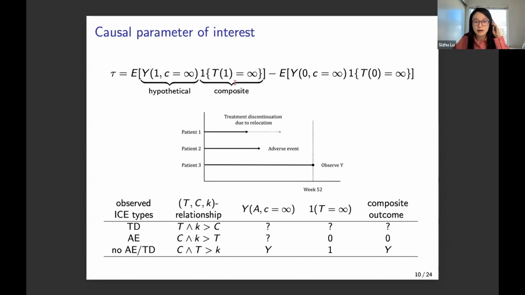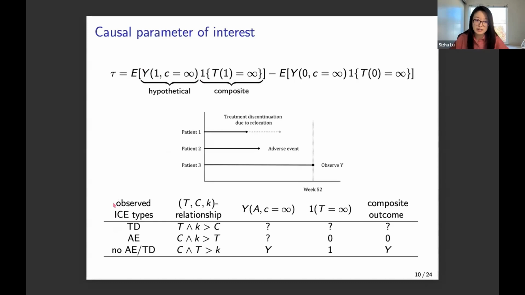So the two parts again correspond to the two strategies that we are combining. And if we go back to the previous challenge that the events are censoring each other, and we look at the observed intercurrent event types and the composite outcomes for all three patients, we can see this challenge more clearly.